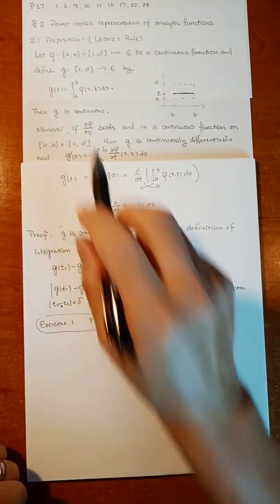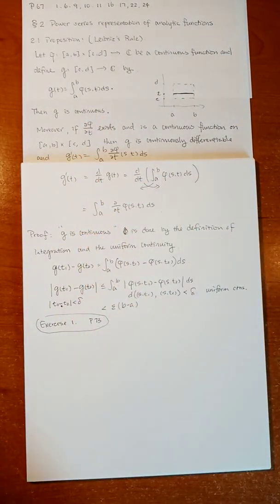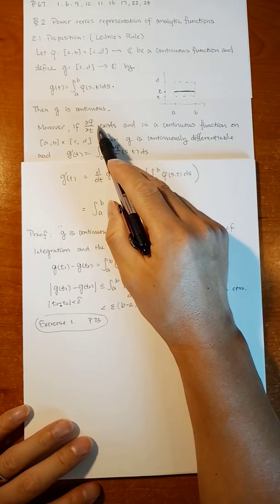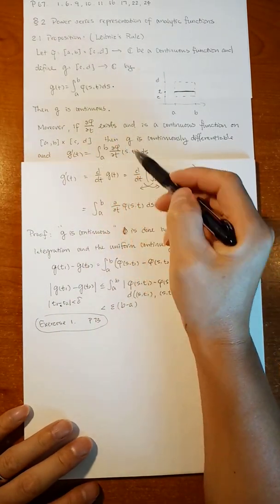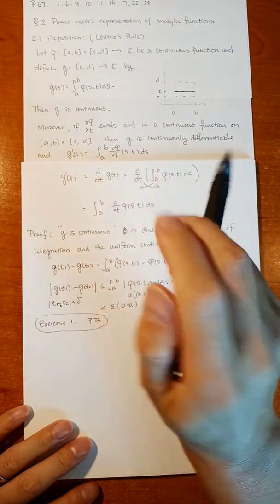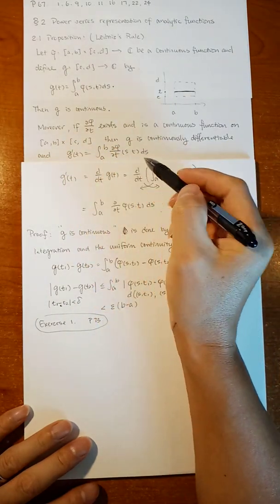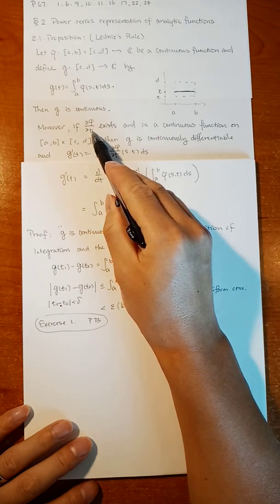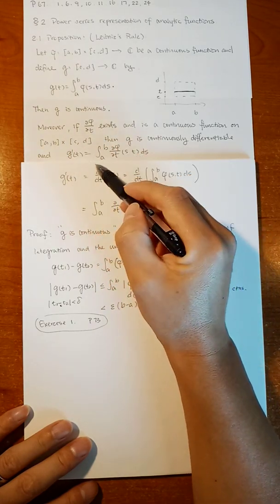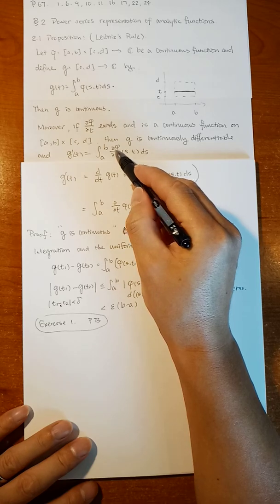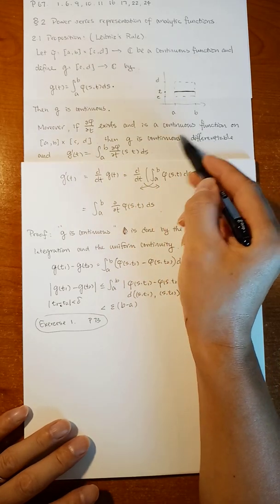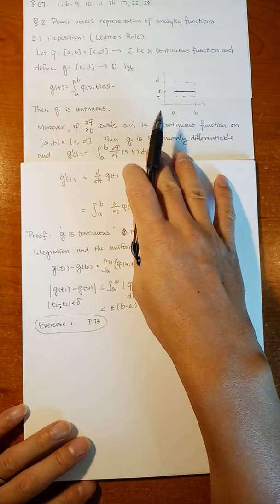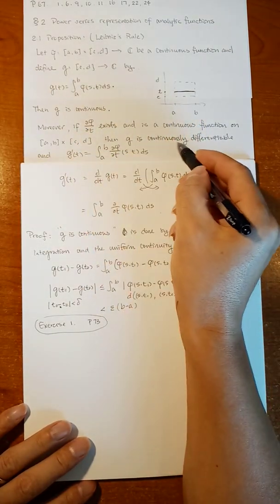Okay, let's assume this one is already done by you. We are going to show the interchangeability of integration and differentiation. If this formula is proved, then the partial phi partial t is continuous, so this integral is also continuous, and g prime will be continuous.